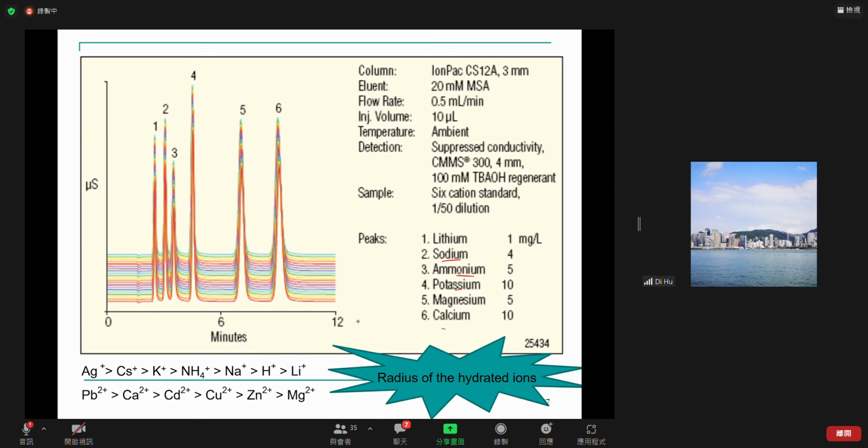This column handles both alkaline earths and alkali metals, which generally have a stronger affinity to the column than the single-charge ones. So you cannot use a very strong cation exchanger; you have to use a weak one. This is the weak one: a mixture of carboxylic acid and phosphoric acid, and the stationary phase here is methyl sulfonic acid.